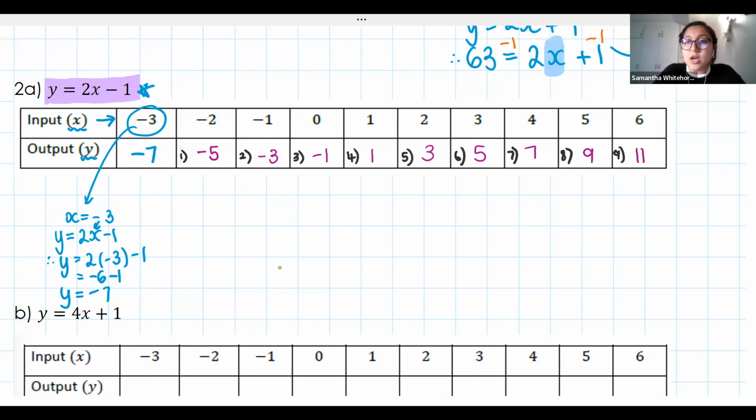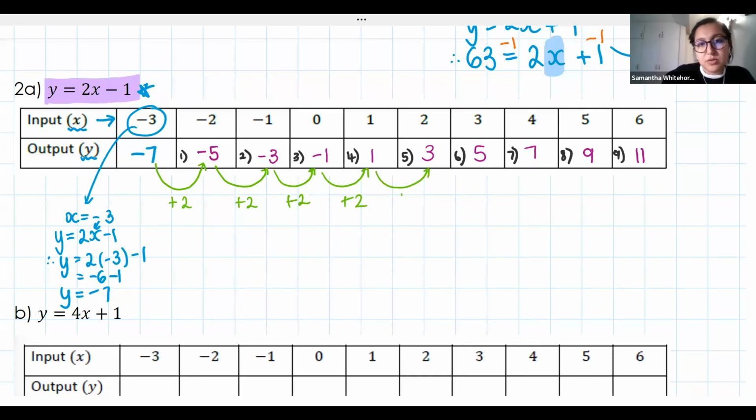Good. Okay, so guys, we are following that rule exactly as Bukhe said. Take your input, substitute it, get your output. And you do the same thing each time. What's interesting though, is that from our outputs we can see a number pattern coming out. If we add 2 each time, we're getting these outputs. -3 plus 2 is -1. -1 plus 2 is 1. 1 plus 2 is 3.